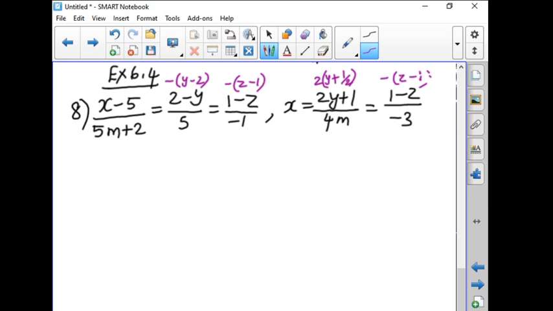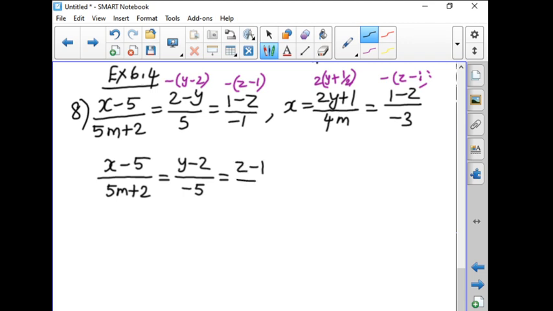Now let us write this down. So let us write the lines properly. X minus 5 divided by 5m plus 2 is equal to y minus 2 divided by minus 5 is equal to z minus 1 divided by, it will become plus 1, minus into minus plus 1.